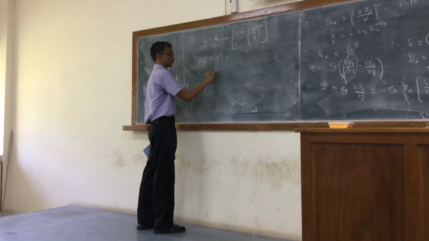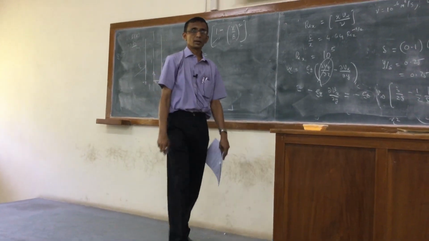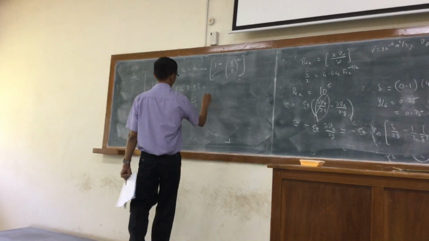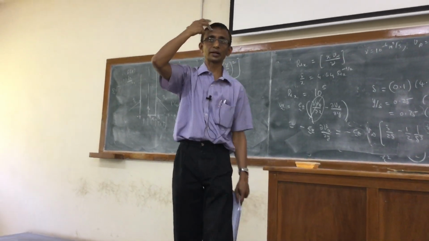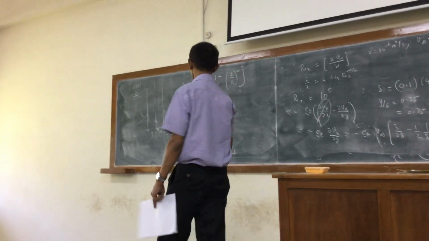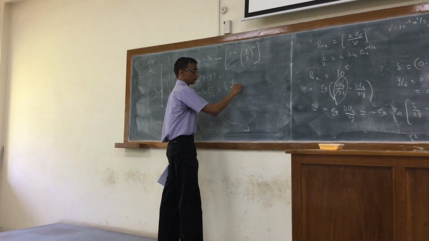So this can be immediately written as dT by dz. In rectangular coordinates, the other term is k times the Laplacian of the temperature, and you also neglect the axial conduction. You actually have to take it along only the x, so this would be d squared T by dx squared.